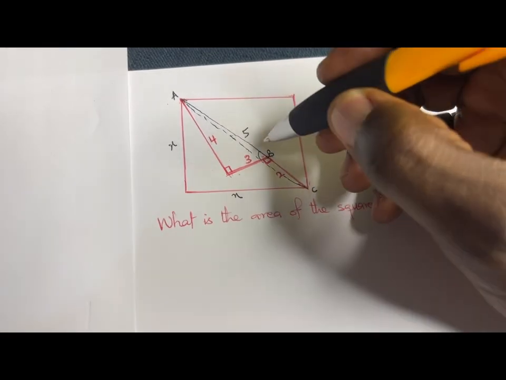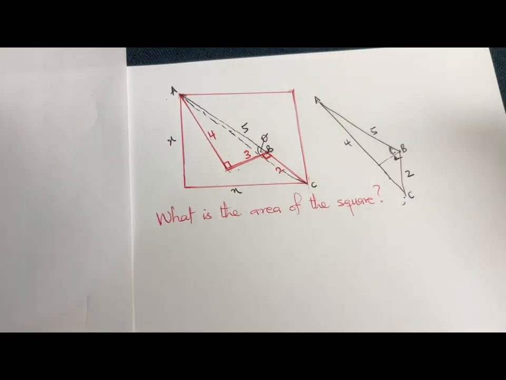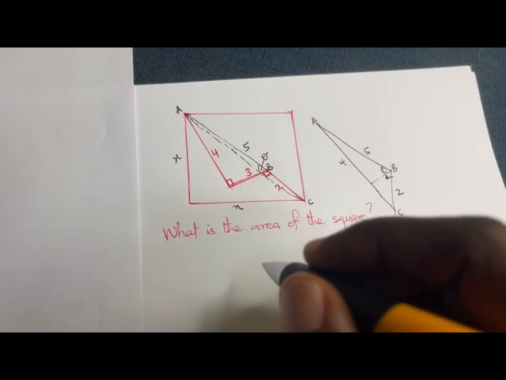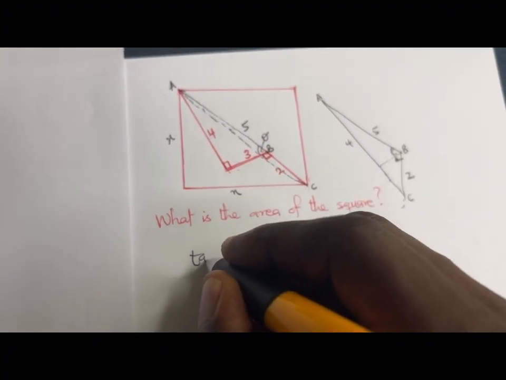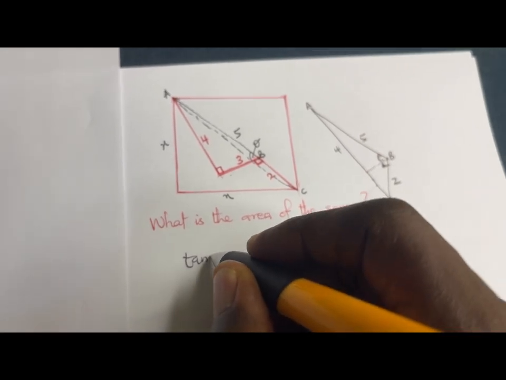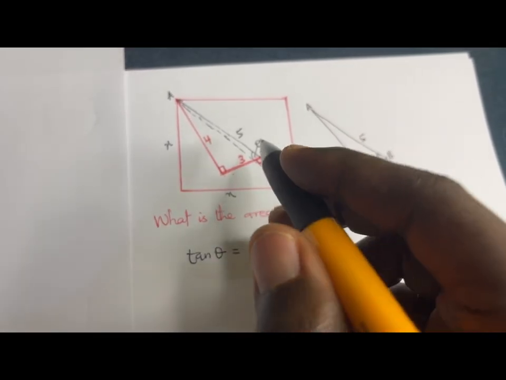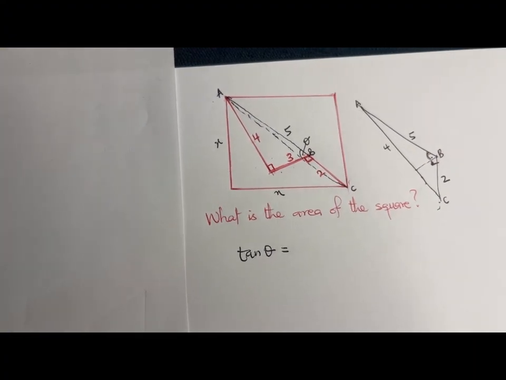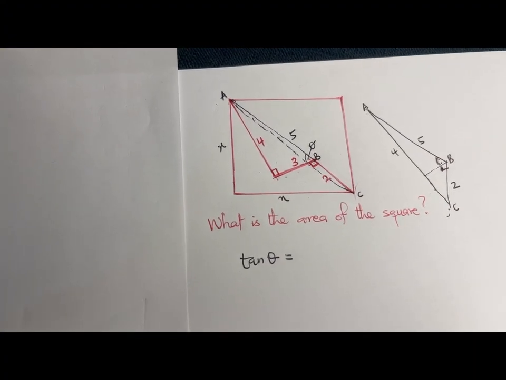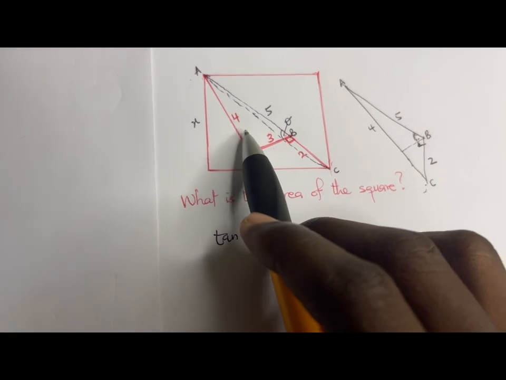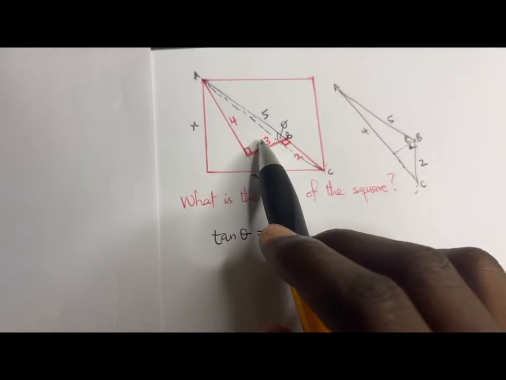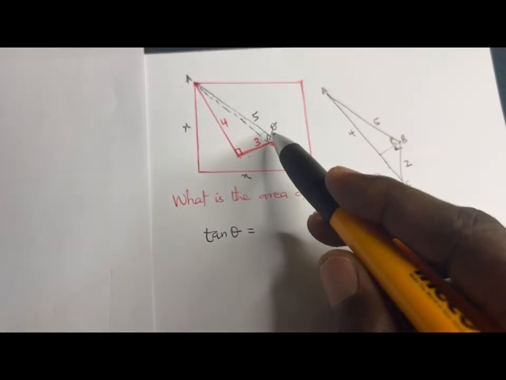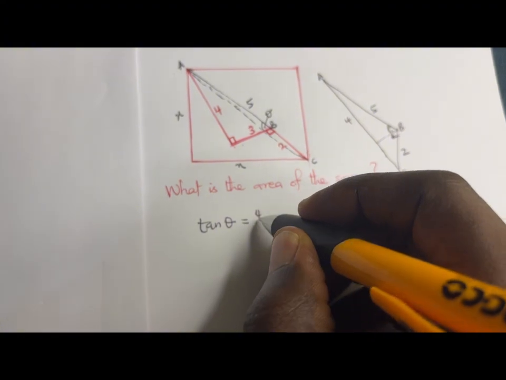So if let's say this is theta, we'll be having tan of theta equals opposite on adjacent. So we have 4 on 3.